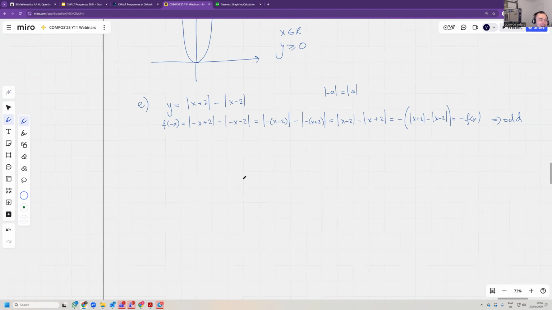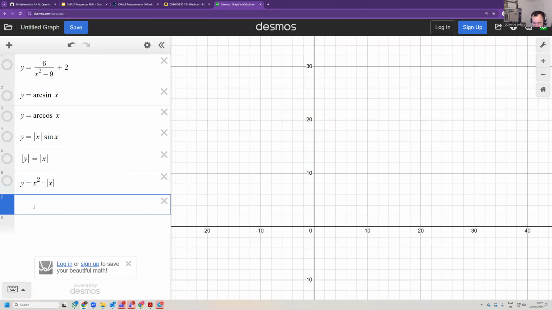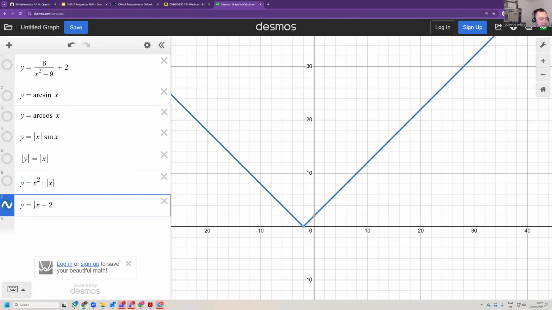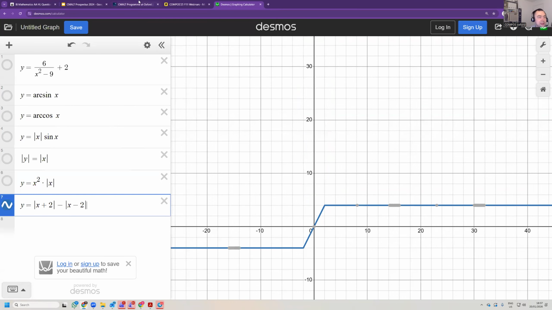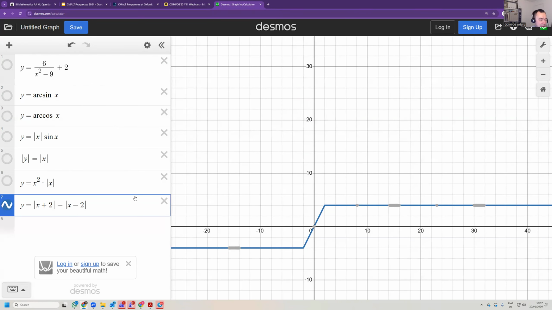Now sketching. I don't want to sketch it by myself. I'll just use my good friend Desmos. Modulus x plus 2 minus modulus x minus 2. Is it? Yes.